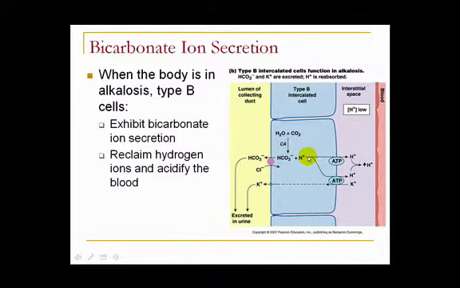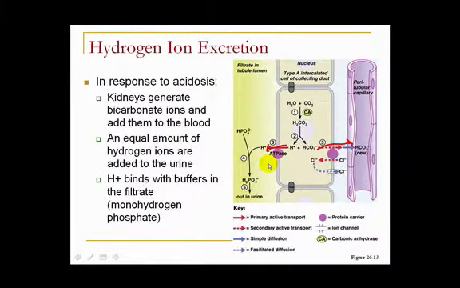In the type B cells, the hydrogen ions get pumped into the basolateral side and into the blood, and the bicarbonate gets pumped using your chloride bicarbonate pump into the lumen. Okay, and this is the same kind of pump that's found in your red blood cells for the chloride shift. So does that make sense? If you go back here, the channels are just on the opposite sides in your type A cells. Your proton pump is on the lumen side, and your bicarbonate pump is on the basolateral side.